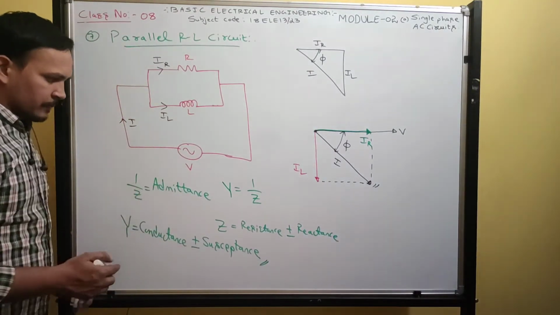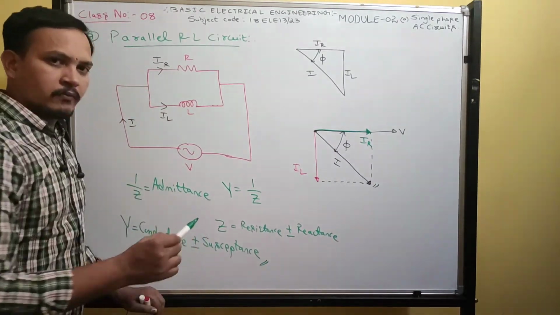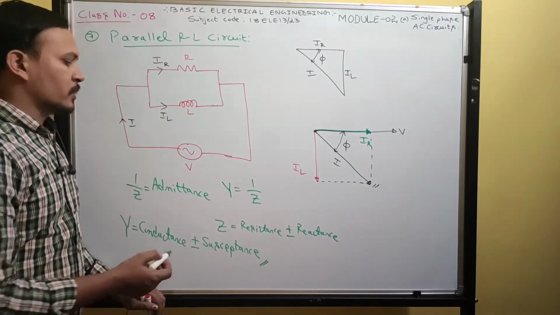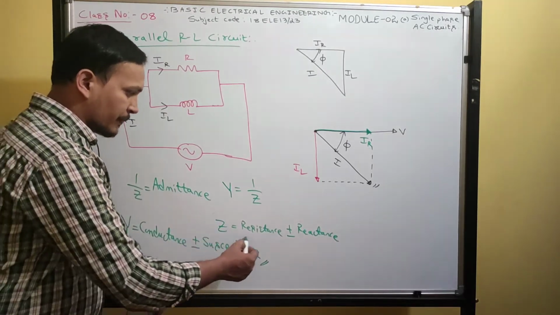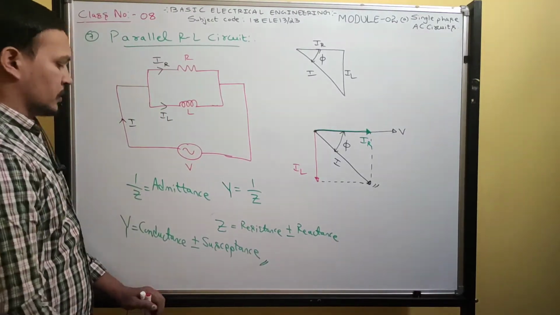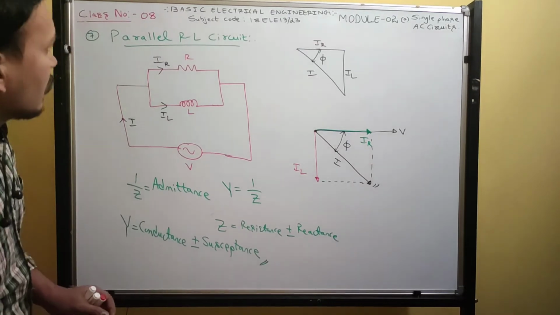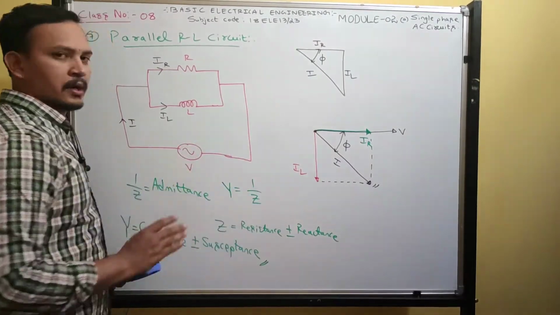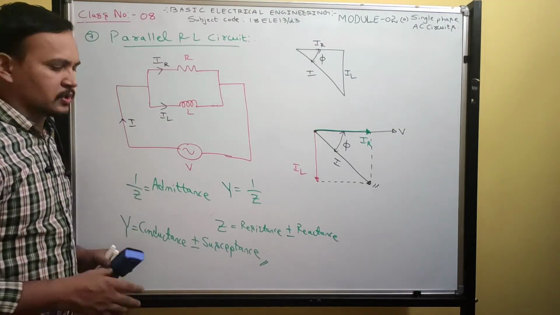I will explain this concept while solving problems. It is not very important, since we can do all the problems in impedance form. So that is the parallel RL circuit. Just remember how to draw the phasor diagram; that is more than sufficient.